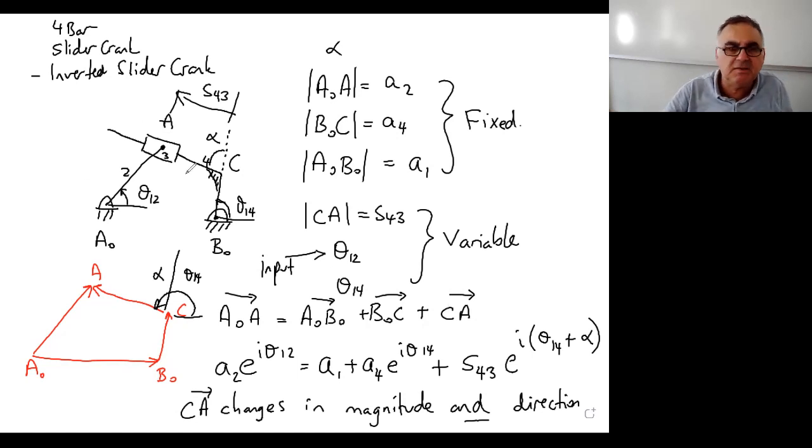The easier slider crank was when you had this part, link A, connected to B0 by another link, like here. That is, it was something like this. This is what I had drawn the last time, as you might remember. This is the inversion of a slider crank mechanism.